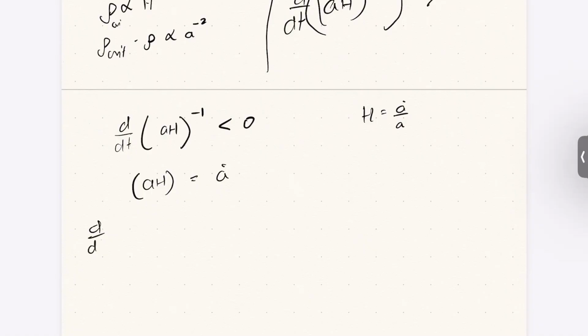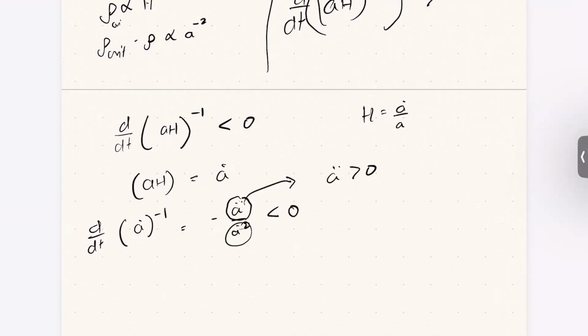So essentially d by dt is over a dot inverse. And if I find this out, I would get something like this, right? And if I say that this is negative, this must imply that this is positive, right? Does that make sense? Because this is a square term, this is inherently positive, right? And to maintain this negativity, this particular term has to be positive.